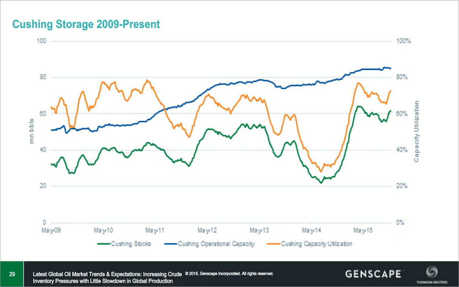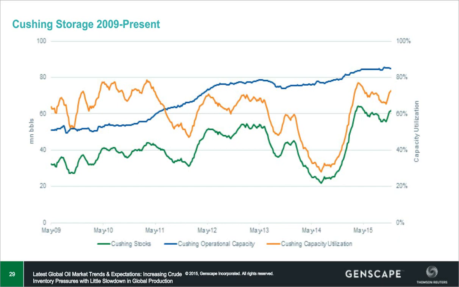Now, the all-time capacity utilization actually took place back in 2011 at 78.5%. But if you go back then, storage capacity was just a little over 50 million barrels. Since that time, we've added almost 35 million barrels of storage capacity to Cushing, and we're continuing to grow.